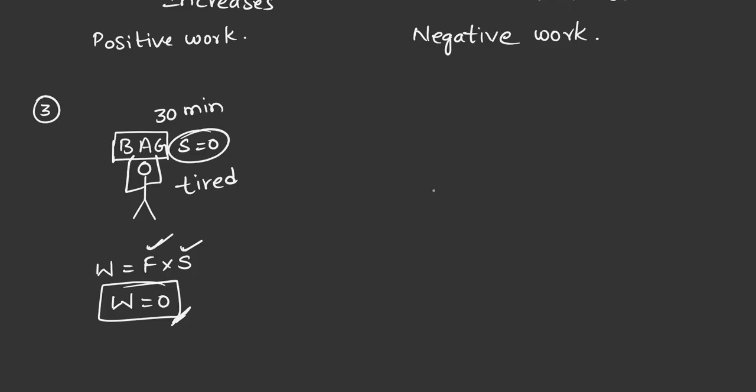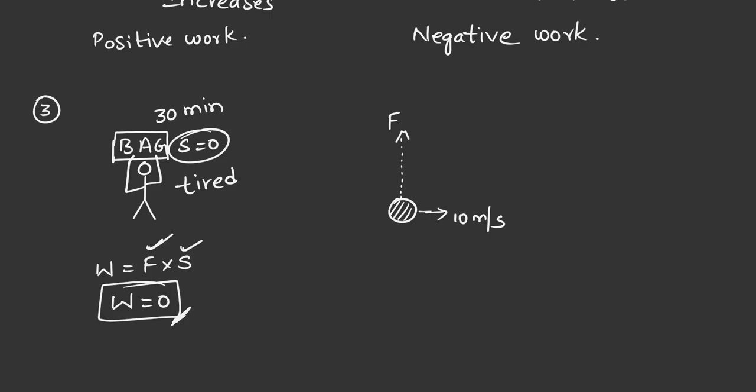We'll see another case. Assume that a ball is moving with a speed of 10 meters per second. It's moving like that. Assume that there is a force acting on it, like this. Observe this.